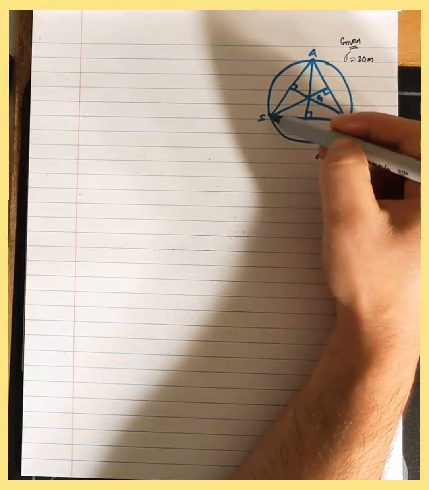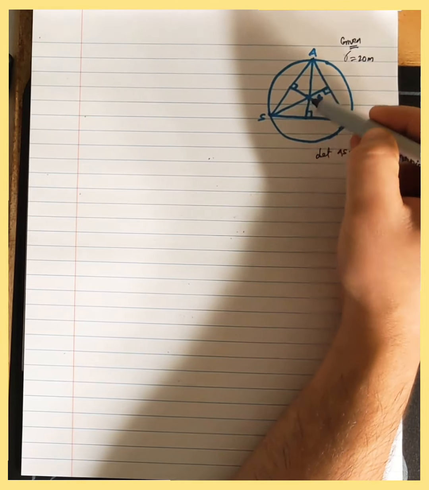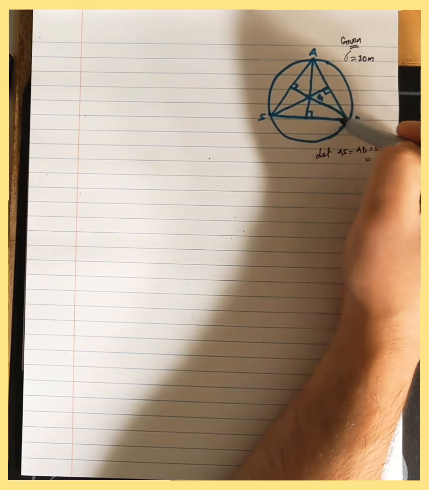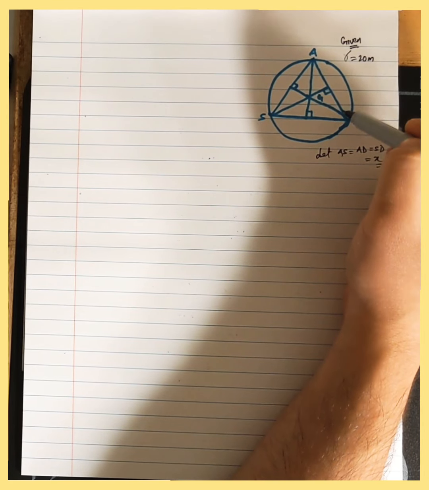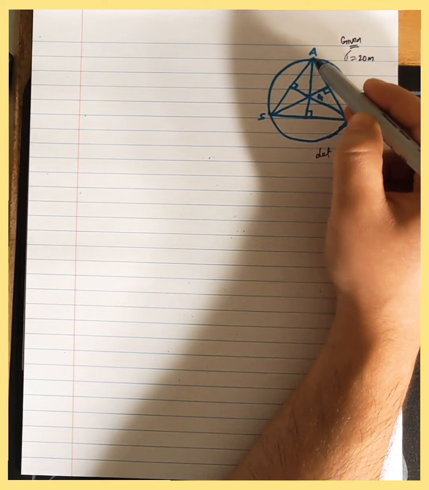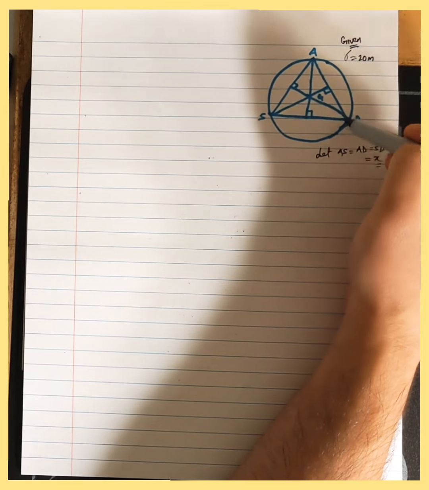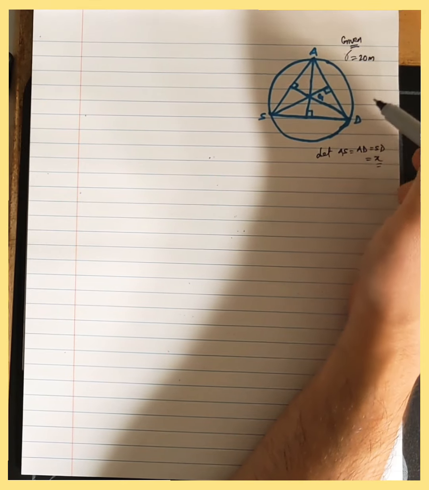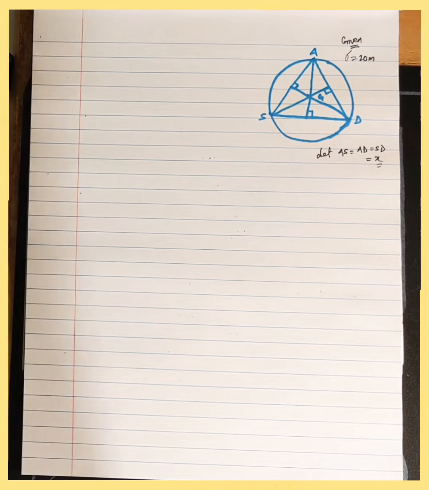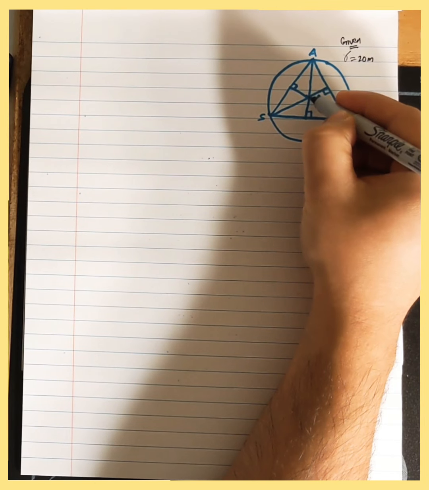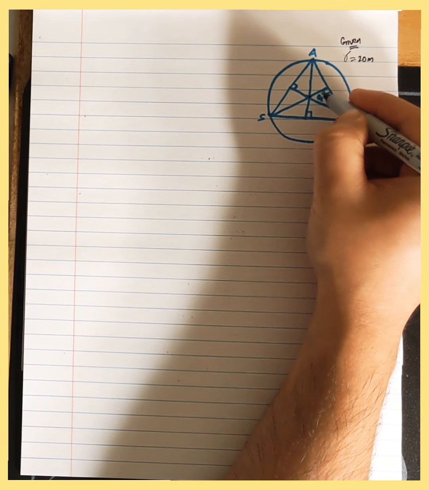AS is a chord to this circle, and AD is also a chord, and SD is also a chord, and all three chords are equal. Because AS is equal to SD is equal to AD, this is also an equilateral triangle. Now the center of the circle I am denoting by G here.